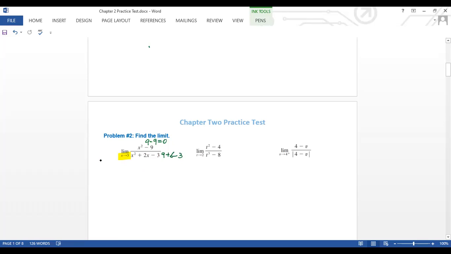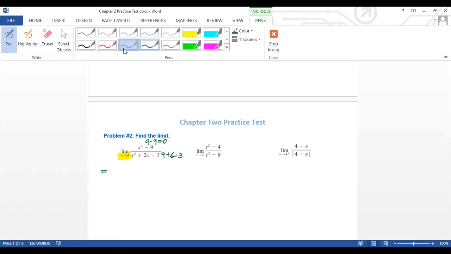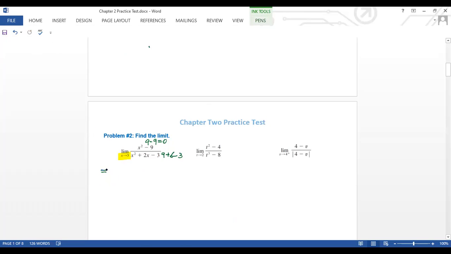So here we have x squared minus 9, so this will give you the limit as x approaches 3 of x squared minus 9 over x squared plus 2x minus 3. On top, 3 squared minus 9 is 0.